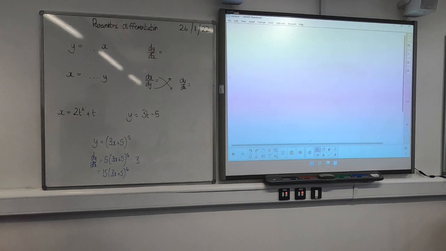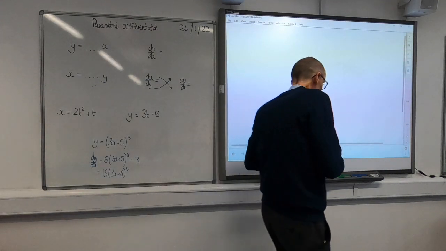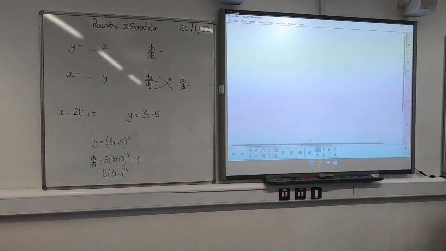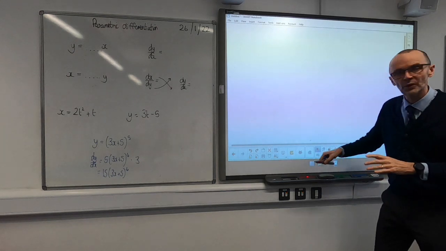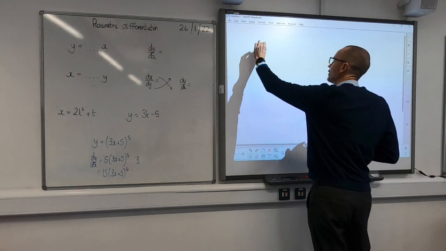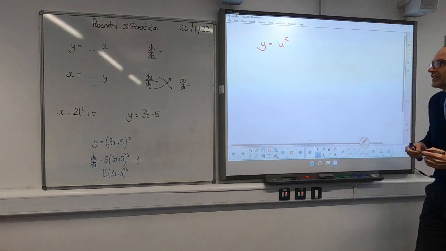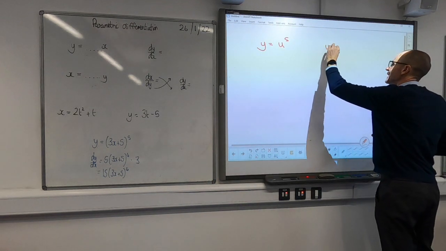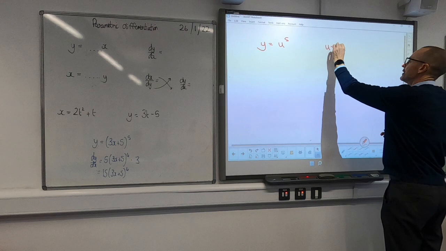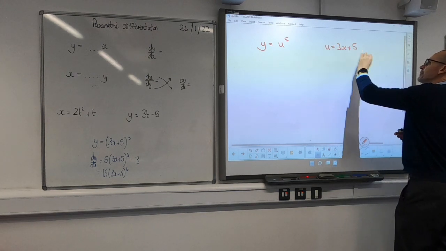But you may remember that the reason that works is this thing called the chain rule, which I don't tend to talk about because I think it's an unnecessary complication. But what the chain rule says is that what we've actually got there is something to the power of 5, and that something in this case is 3x plus 5.